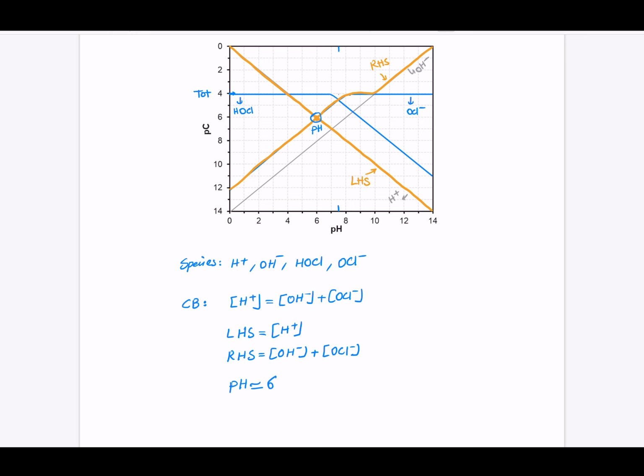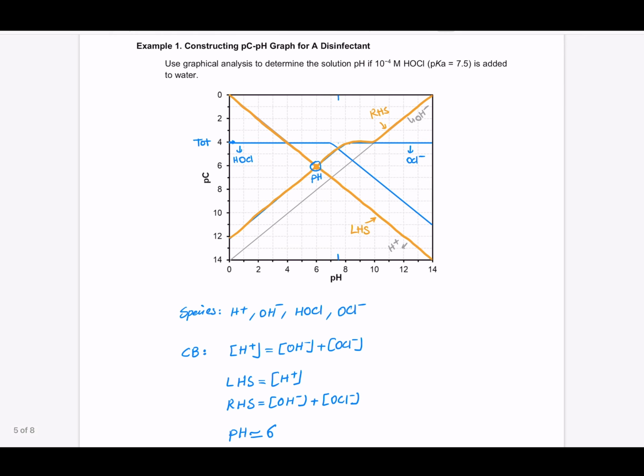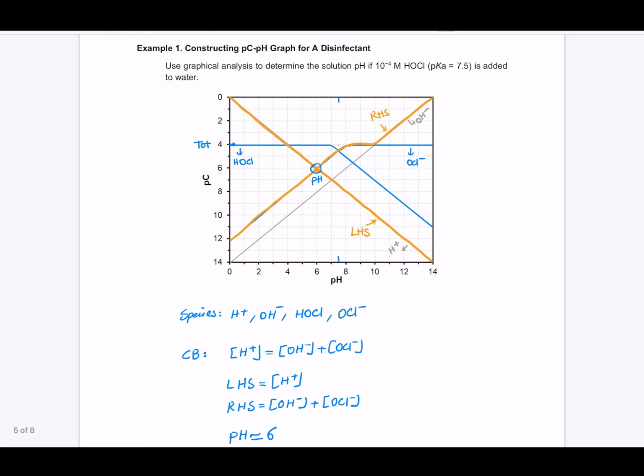So pretty quick, right? But in these two examples, we didn't add any other ions to the system. So always the left-hand side was proton. So it was relatively simple to figure out these lines and the pH.